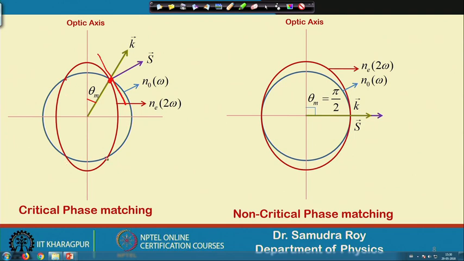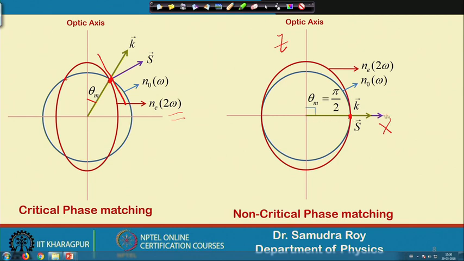These are other directions where cutting is also possible, but here we can see that if I increase this n 2 omega, then there is a possibility of cutting exactly along the x axis, because this is the x axis and this is my z axis, or optic axis.